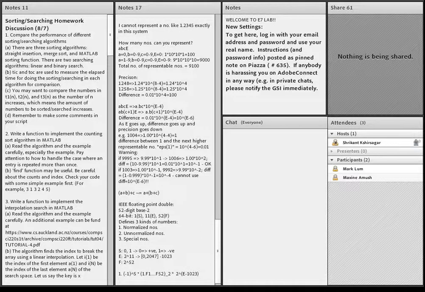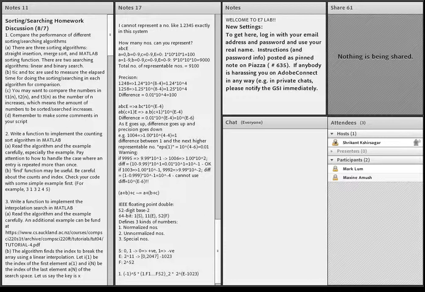Now what does this tell you? A 64-bit normalized number corresponds to the value given by this formula I've just written down, minus 1 raised to s times so and so. If s is 0, then minus 1 raised to 0 is 1, so it's a positive number. If s is 1, then minus 1 raised to 1 will be minus 1, so it is a negative number. So this gives the sign correctly.